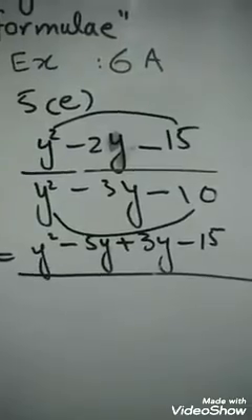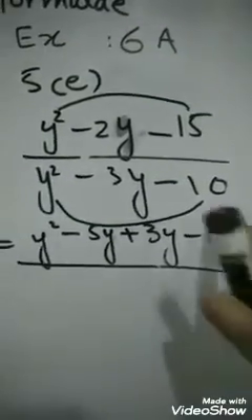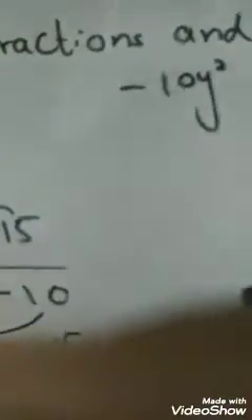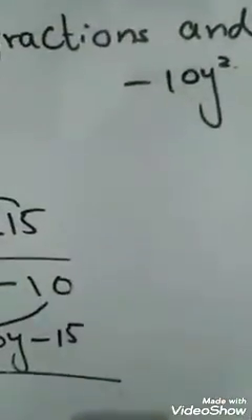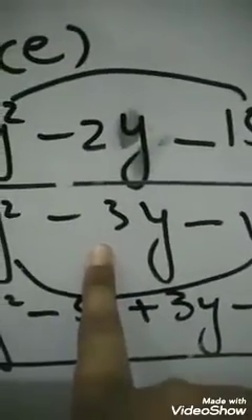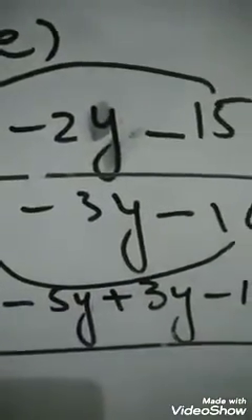Now my dear students, come to the denominator. We require 10y minus y square... 10 into y, minus 10y square. So this negative sign indicates that both values have different signs, and that negative sign indicates the greater value has the negative sign.